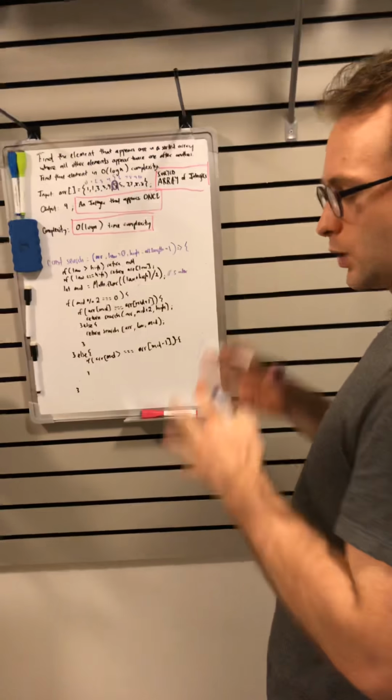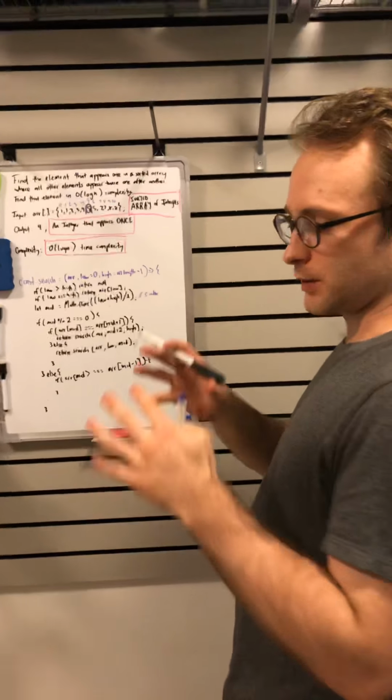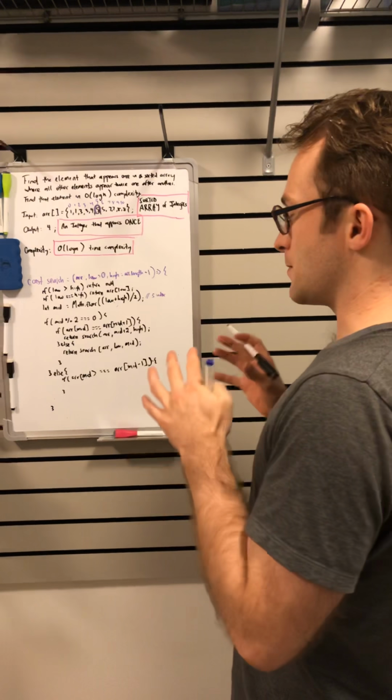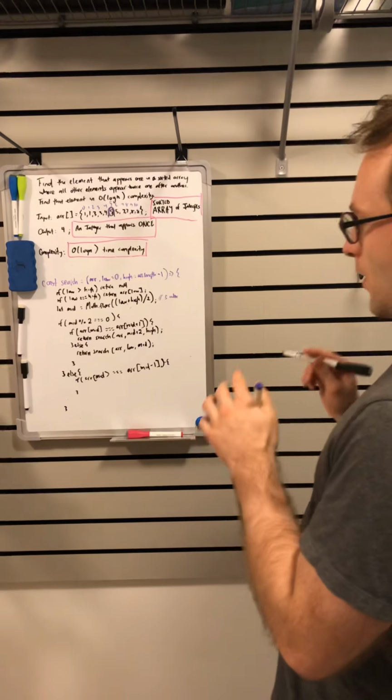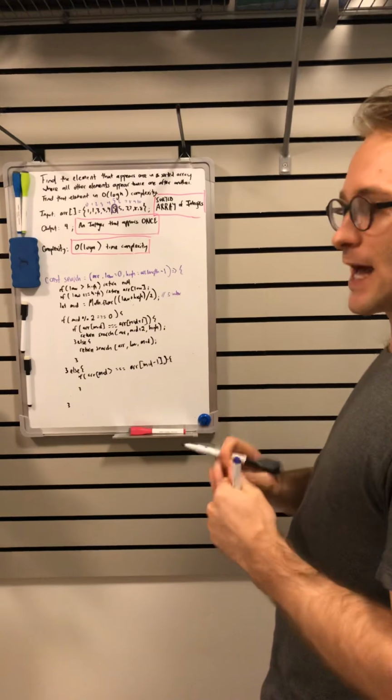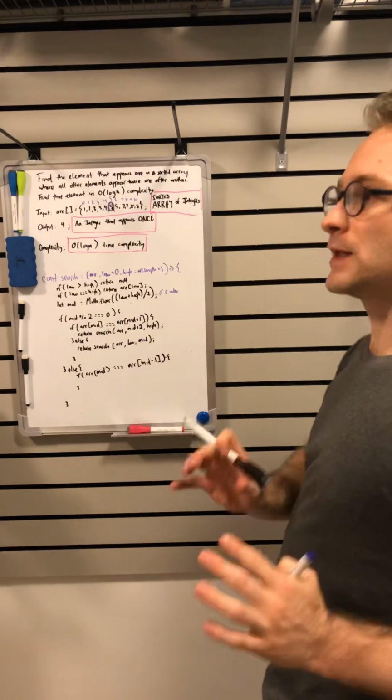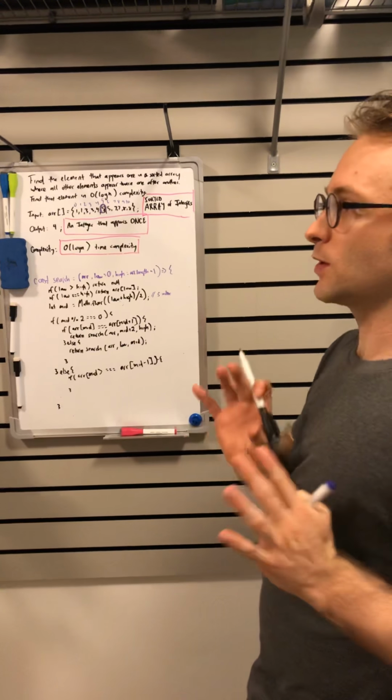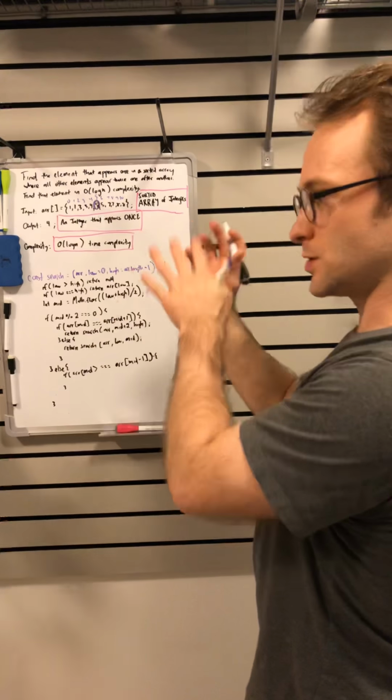We want to make our low be the mid plus 1, because we've already looked behind us and established, okay, this is a pairing, but let's not look behind anymore, let's look ahead. Let's look ahead to do the comparison.